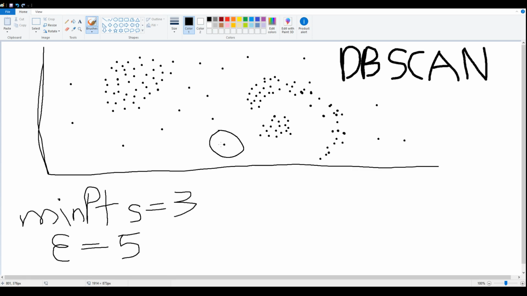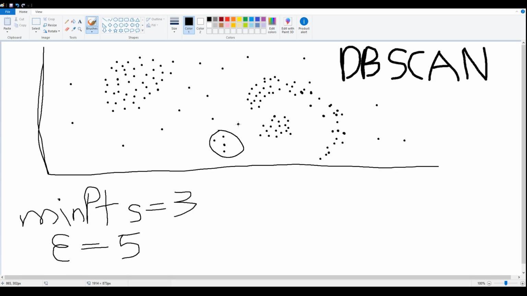The minimum number of points is the number of points also in that circle. Let's say I add 3 points other than the center core point. Because there are 3 points, the point I drew the circle around is in a cluster, and all of the points in that radius are also in that cluster.